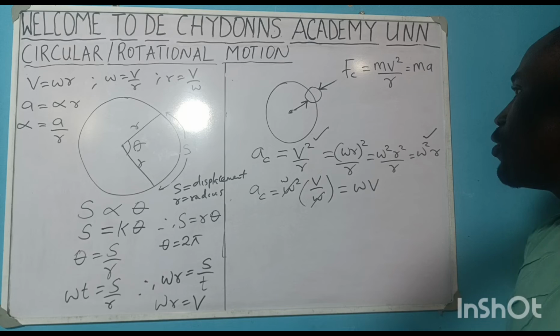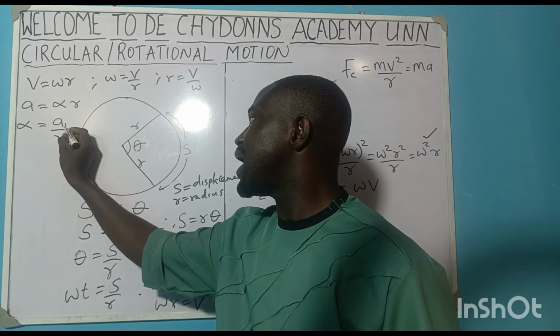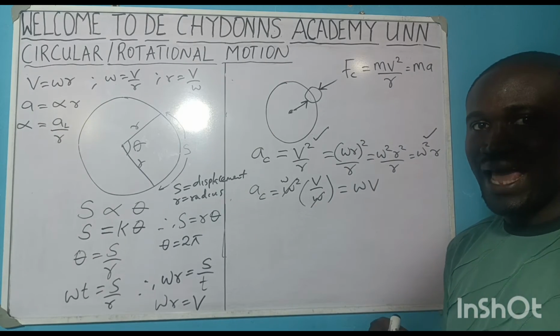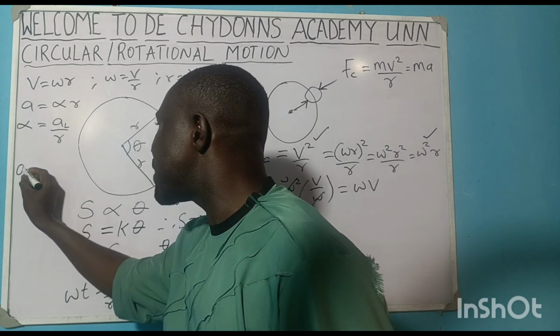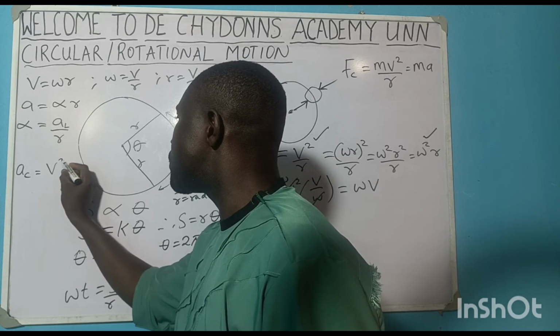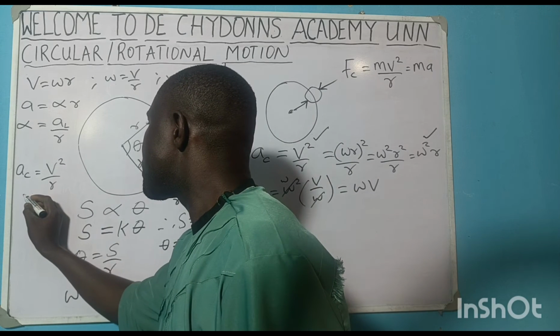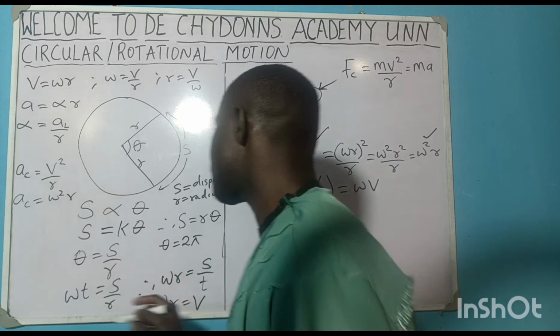So this one is linear acceleration. This one is centripetal acceleration. Are you getting it? So they are different. So what you do is that centripetal acceleration is equal to v squared over r. Okay? Centripetal acceleration can also be equal to w squared r.